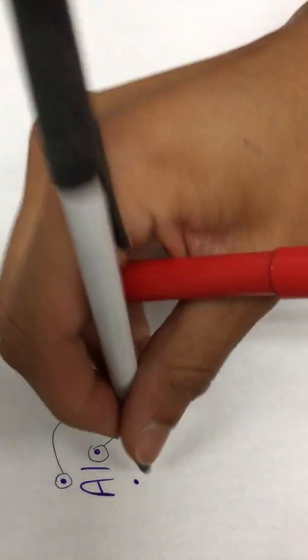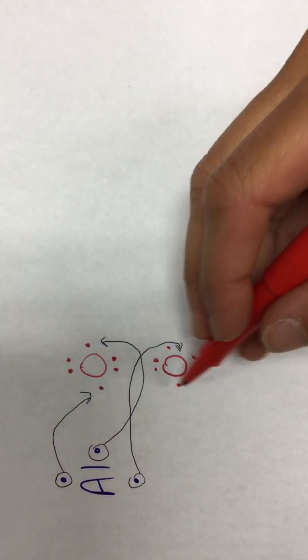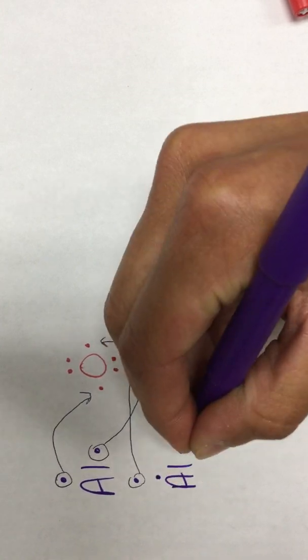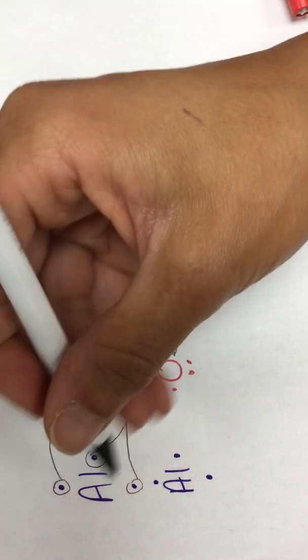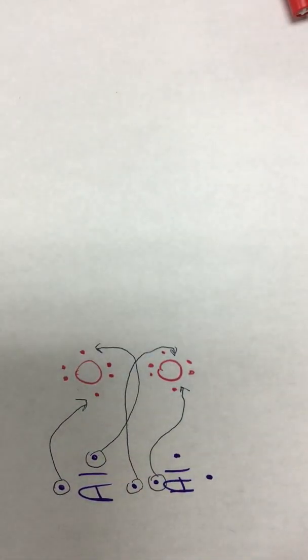And then this electron can now go over and bond with oxygen. However, at this point, we still have an empty spot here for oxygen. So oxygen's missing an electron, which means we need to add one of the other elements that is giving electrons, and in this case, it's aluminum. This aluminum is going to be bonding with this oxygen.